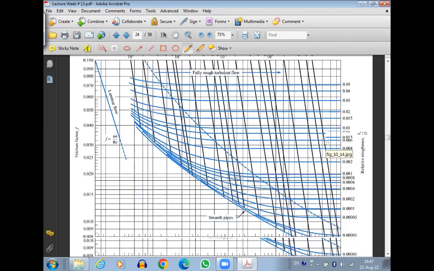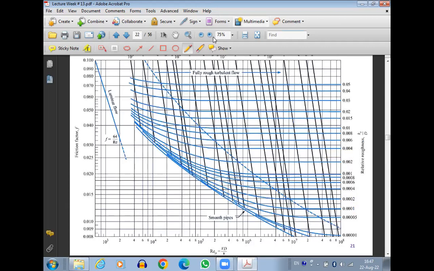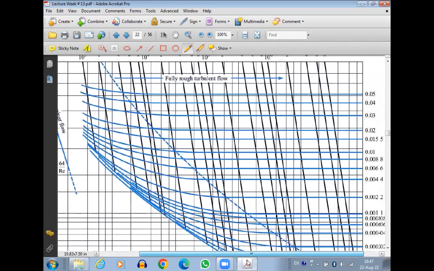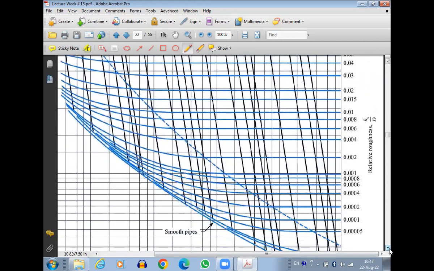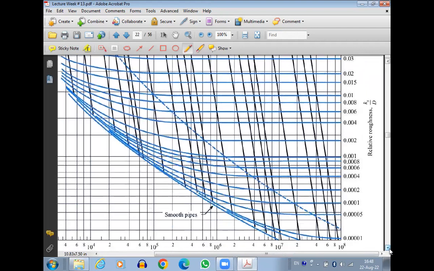This is the Moody chart. Let's try to find out where is Ks by D 0.0006. Okay, so this is 0.0006. So which curve are we looking?